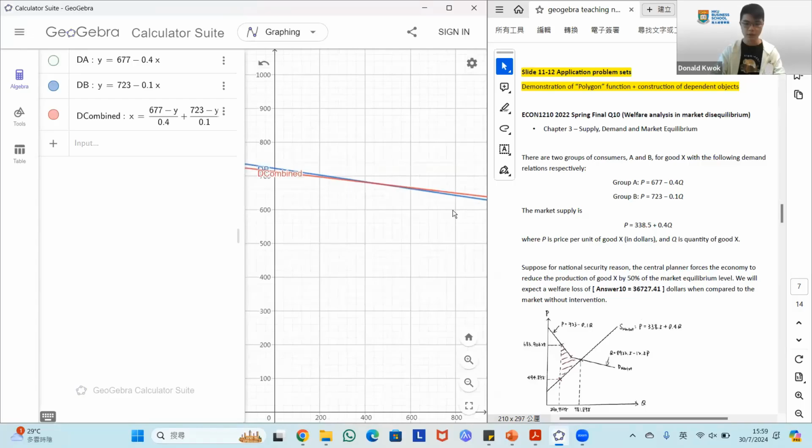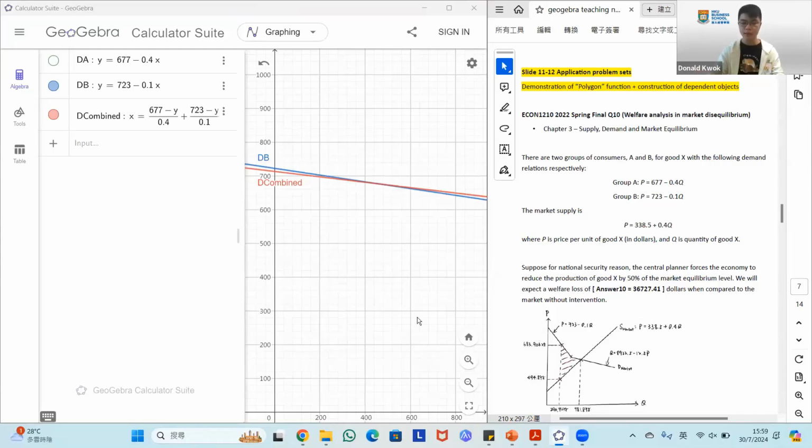To conclude, when the price is high, we take the blue portion as the market demand, whereas when the price is low, we take the red portion. To better understand the position of the market demand curve, we can refer to my drawings at the bottom right-hand side here.